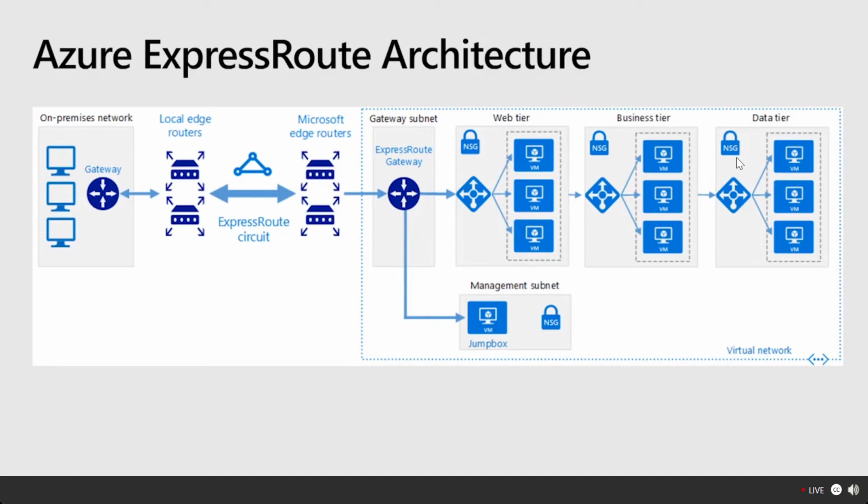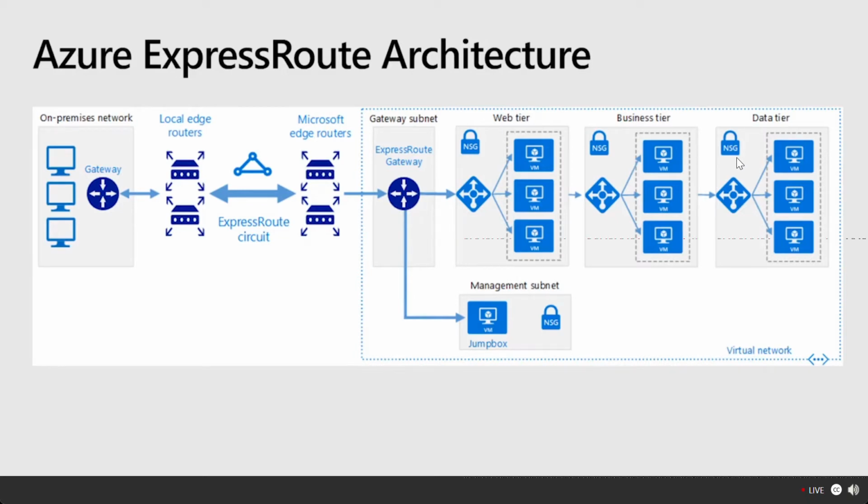It joins your on-prem network with Azure through the edge routers. And those edge routers are hardware that is provided by and managed by the connectivity provider. So you have local edge routers on the on-premises side of your network, and then you have the Microsoft edge routers, 2 routers in an active, highly available configuration.